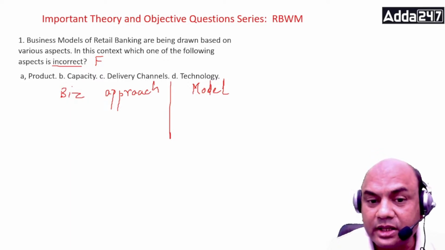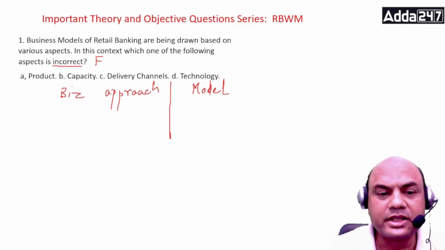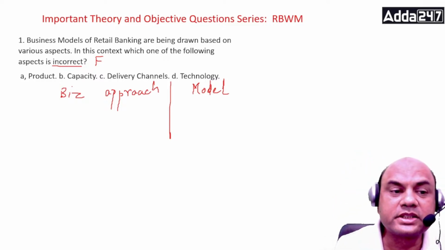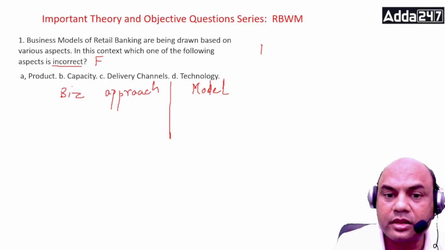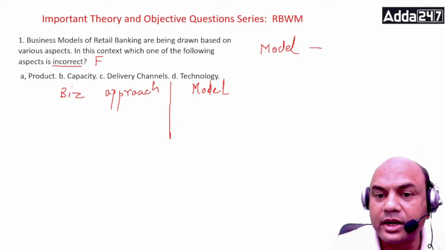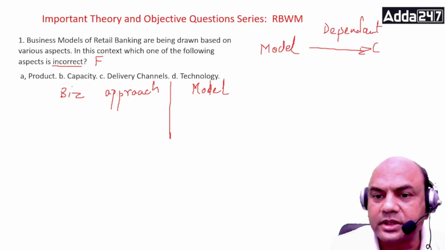Now I'll come to the capacity part. This is always vice versa. This model is not dependent on capacity. Remember, the option says model is dependent on capacity.